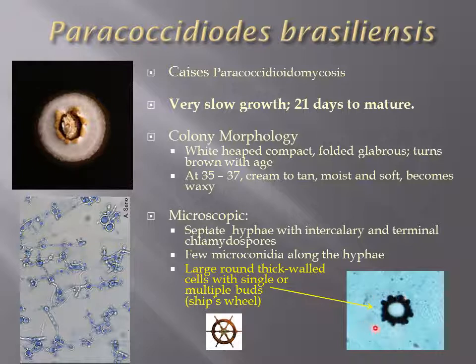I mean, not really, but when you think about the fact that a ship's wheel generally has those spokes radiating out. So what happens with this organism? We get these large, thick-walled cells, and then they throw out multiple buds around the outside edge. So associate ship's wheel morphology with Paracoccidioides brasiliensis.